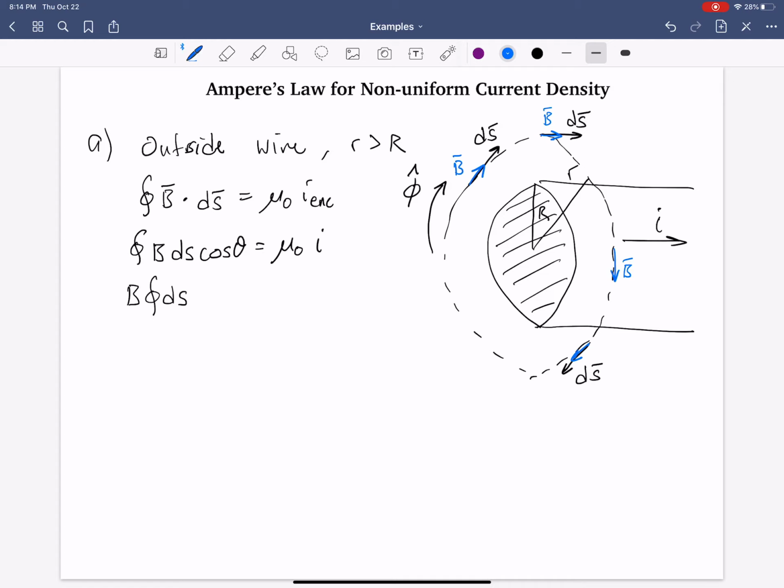And so because of that, the angle is 0, and thus cosine of 0 is 1. And because of that, that goes away. So the left side just becomes B times the closed integral of ds. The right side stays the same, mu naught times I, right? Sorry, I'm getting ahead of myself just a little bit. That closed integral, well, what's S? That's the total path length. That's the circumference of that Amperian loop. So B times 2 pi times lowercase r, 2 pi r.